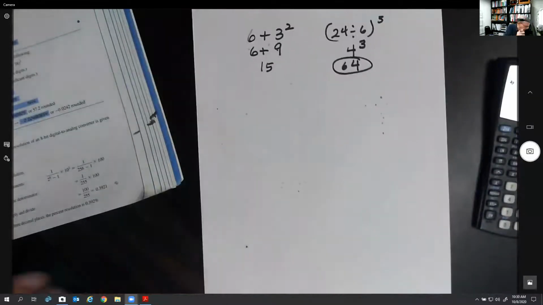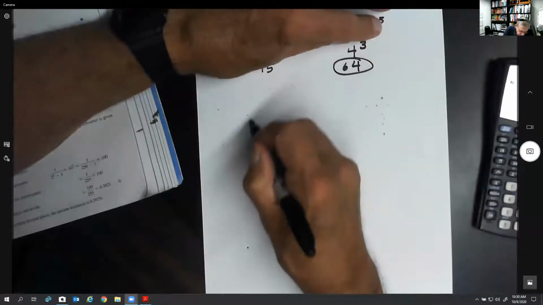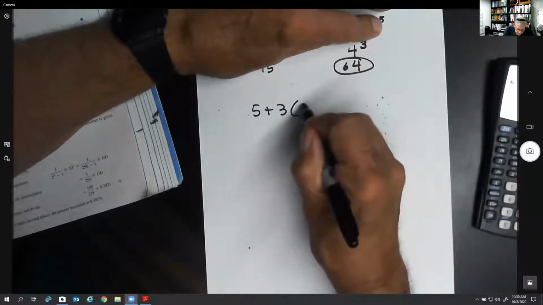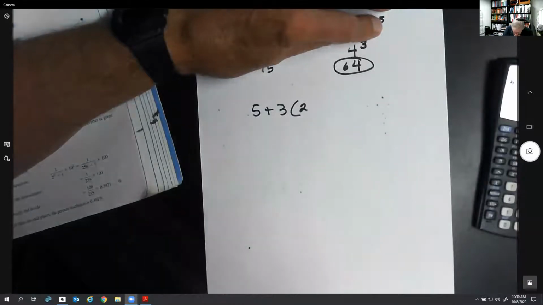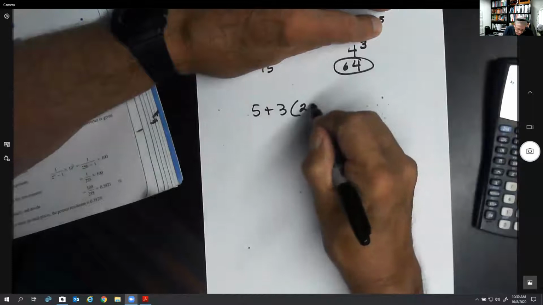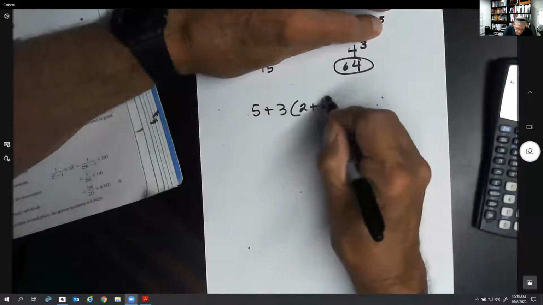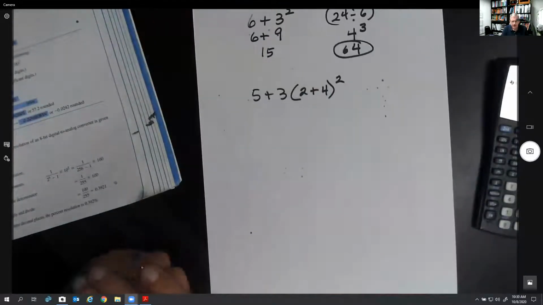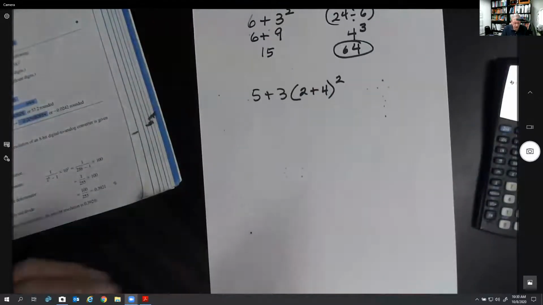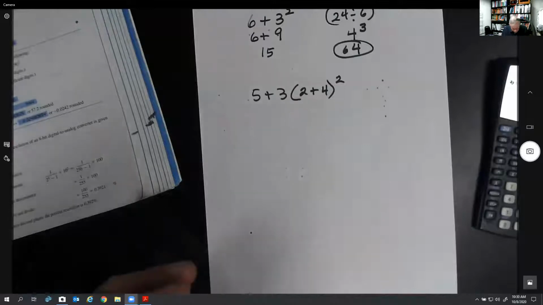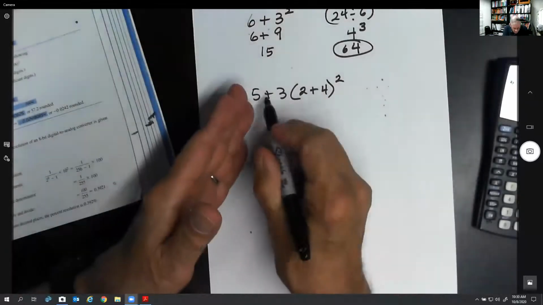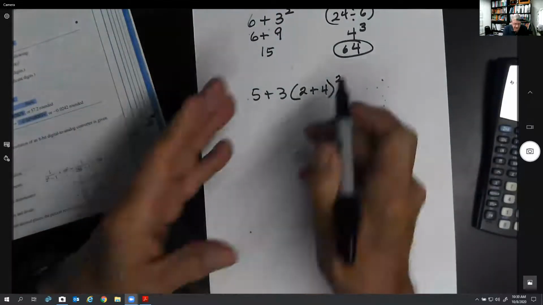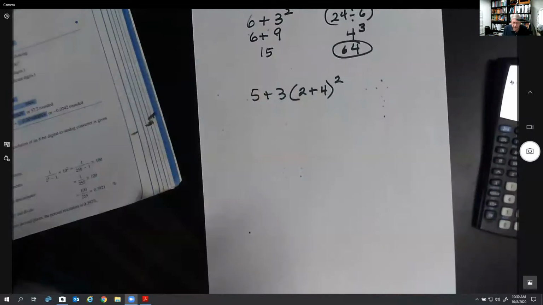Okay, let's try a harder one. I'm just going to make this one up. All right, looks kind of hard, huh? Okay, now our mind is geared when we see an addition, we want to go out here and just add that together and say 8 and make this a 6 and square.